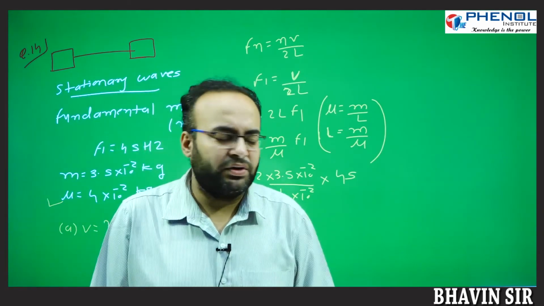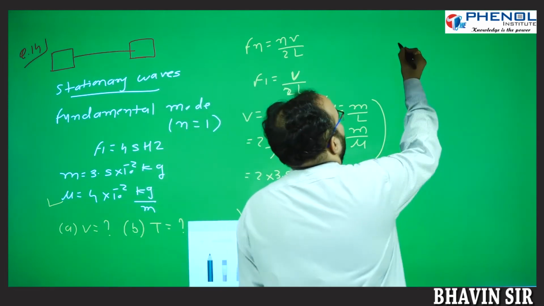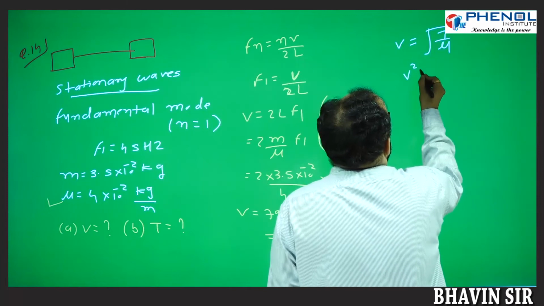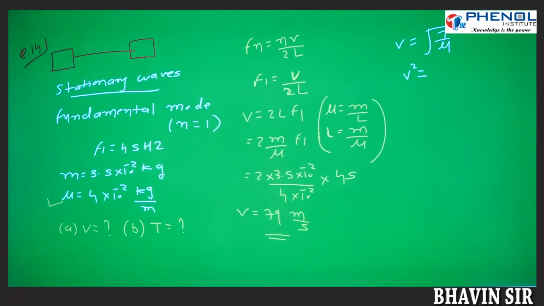Now we want to find tension. So v is equal to under root T by mu, because what is the formula of speed of wave on a string? v is equal to under root T by mu.